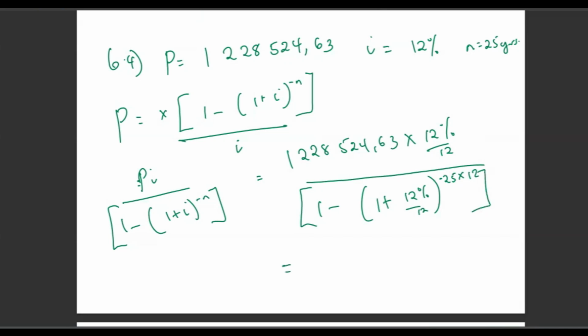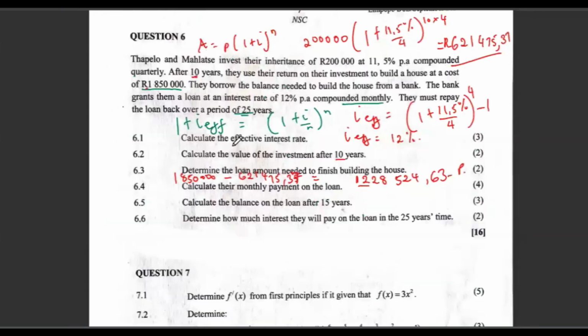I punch this into the calculator and I'm going to get 12,939.12. That is question number 6.4.